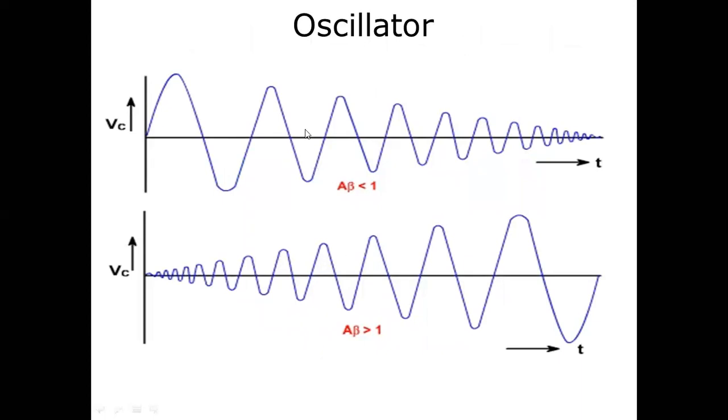This is a damped signal, and damped means initially the amplitude is high, but as time passes, the amplitude reduces. This is an undamped oscillation, which provides sustained oscillation with fixed frequency and amplitude. But it is not always that there are undamped oscillations. Sometimes there will be damped oscillations at the output side.